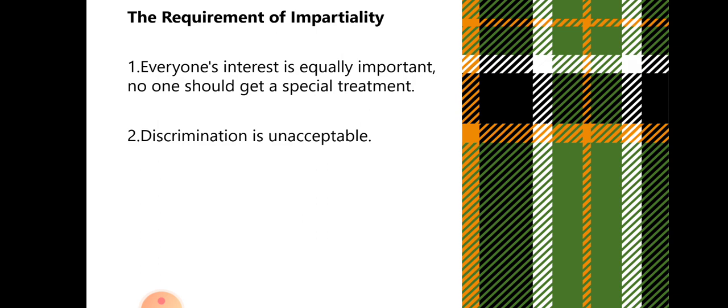Discrimination is unacceptable. If you're being impartial, discrimination is technically unacceptable. Why? Because discrimination prohibits someone's opportunity to be on that particular level of the competition.